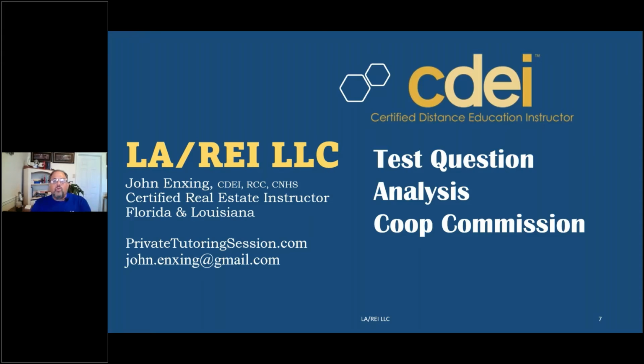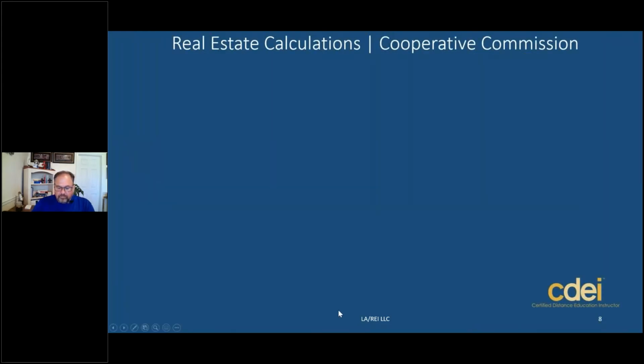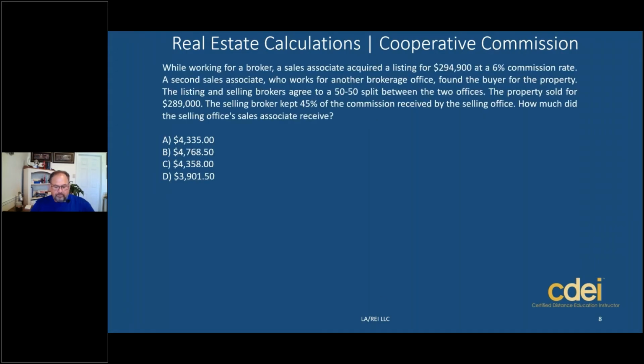We're going to talk about co-op commission. All right, here's the question. While working for a broker, a sales associate acquired a listing for $294,000 at a 6% commission rate.